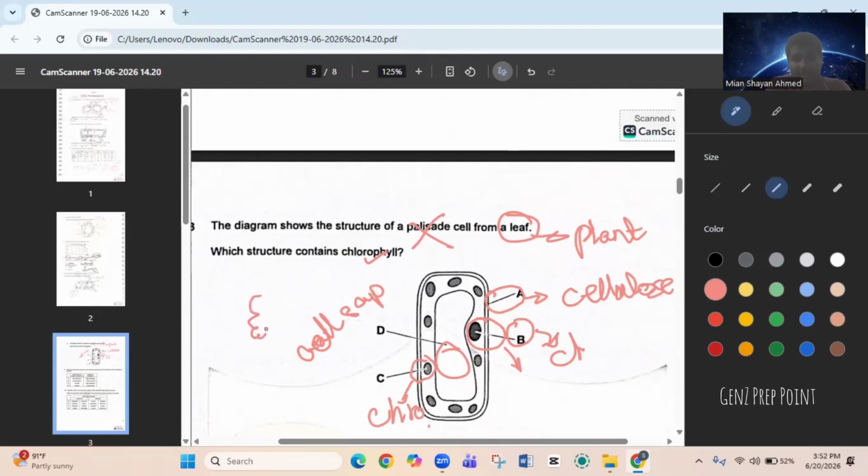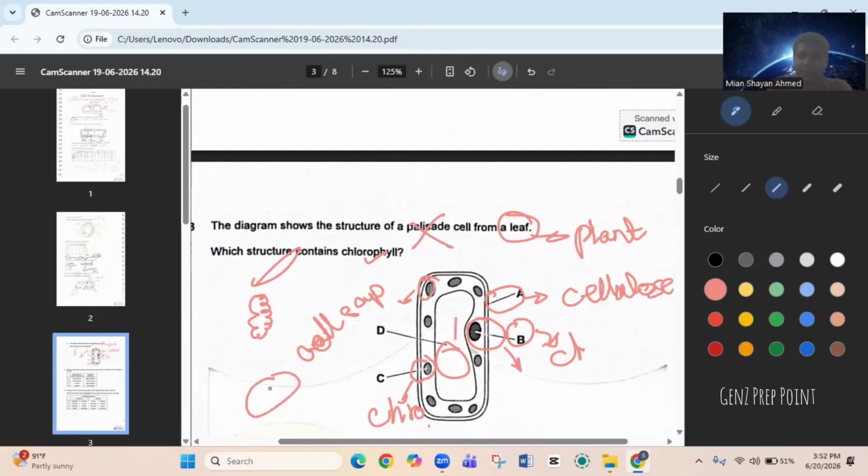Chlorophyll is like this, but our CIE standards give us a shape like this. It doesn't matter. We can identify it easily because I told you in the video on specialized cells that all palisade mesophyll cells have a high abundance of chloroplasts.